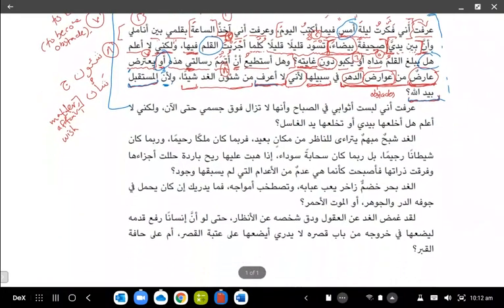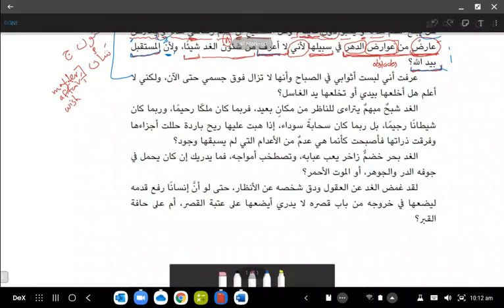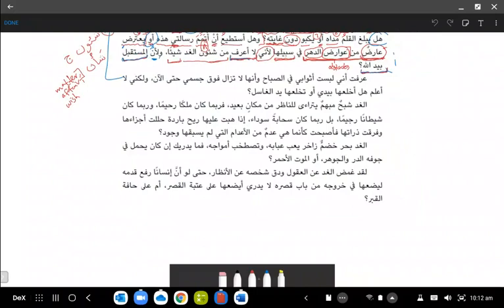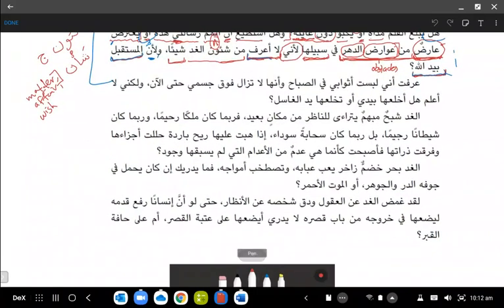Okay, and then he continues. And then once again the verb starts with Ain, Ra, Fa, and Ta. Now, when you see Ain, Ra, Fa, and Ta, you know that there's a verb called Arafa, and then you just have to figure out what the ta is referring to here.